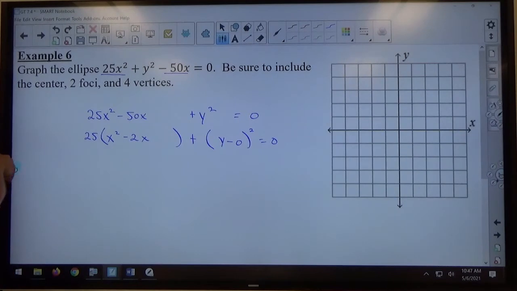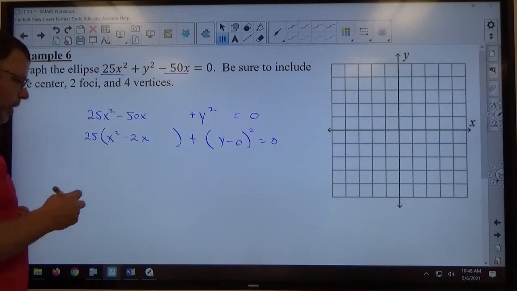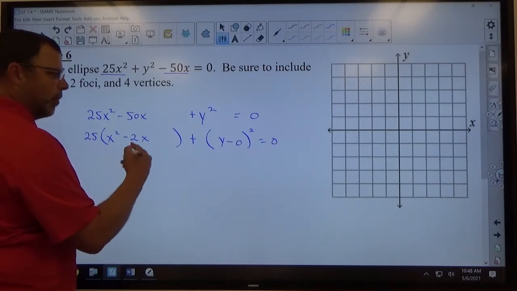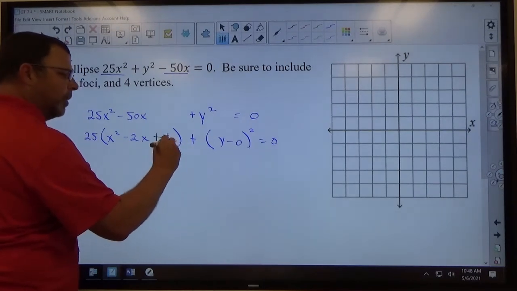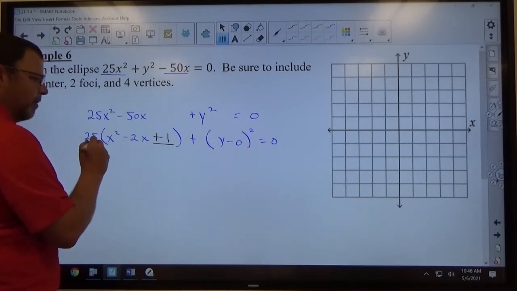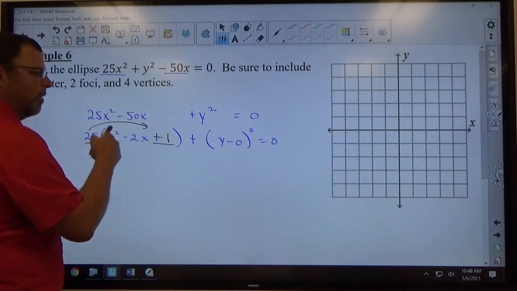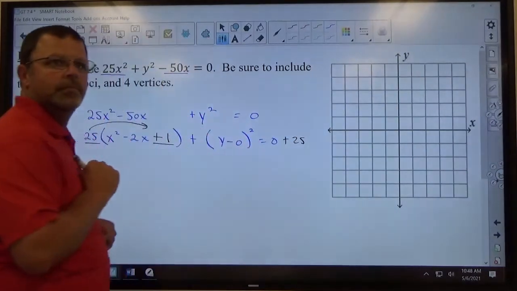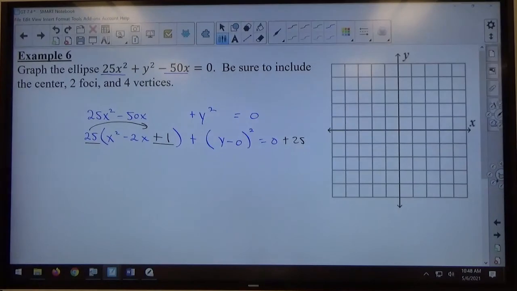All right. So if I complete the square, what's half of 2? 1. And 1 squared is? 1. So I have to add 1 here to complete the square, but in reality I've added positive 1 times 25. So I've really added 25 to the left-hand side, so I have to add 25 to the right-hand side. Okay.